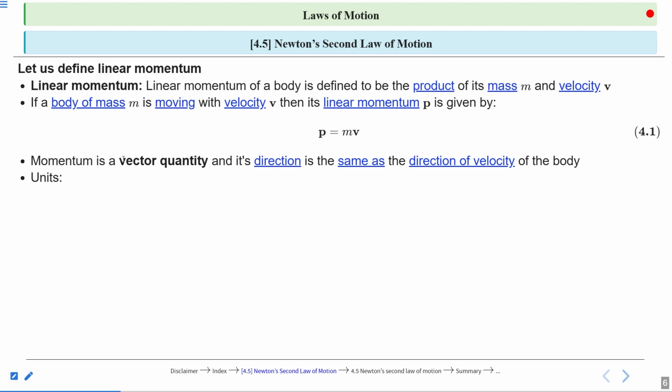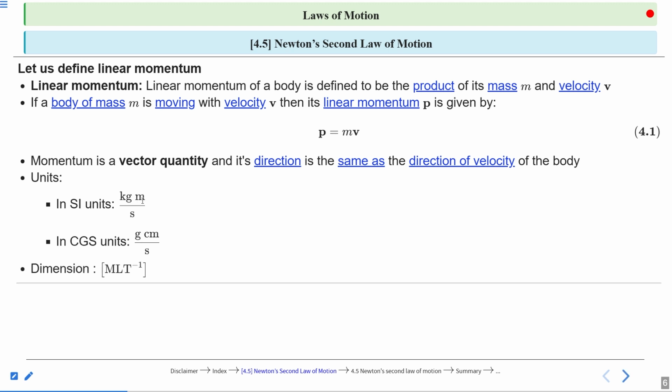Units: in SI units, the unit is kilogram meter per second, whereas in CGS units, the unit is gram centimeter per second. The dimensional formula is M L T inverse. Clear?